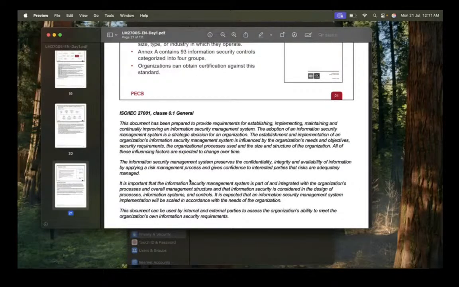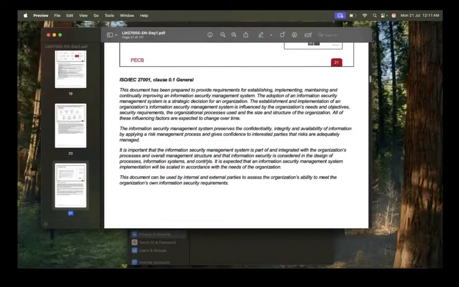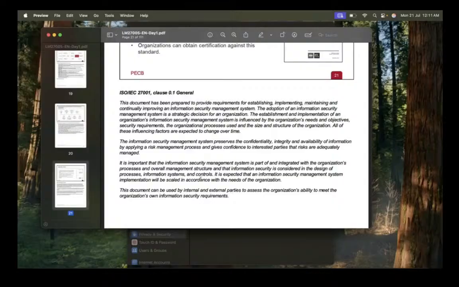Then there are clauses in these standards. Here, the clause in 27001, clause 0.1, the general clause, a brief of the clause is given here. Maybe you can take a minute and go through it. This will help you understand what is there in this standard basically.